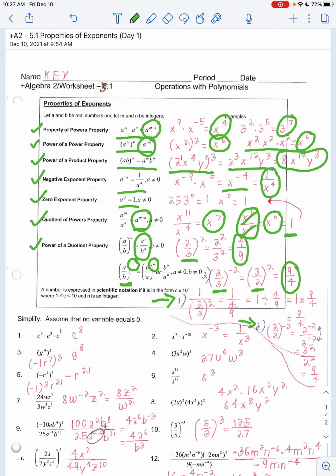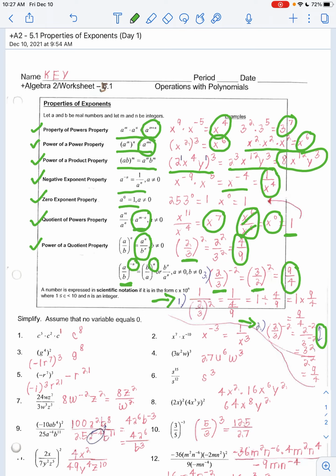2/3 raised to the negative second becomes, this is an alternative way, you can take the base 2 and raise it to the negative second, and the base 3 and raise it to the negative second, and then like my arrows are showing here, you can actually take the reciprocal, and that gives you 3 to the positive 2 and 2 to the positive 2, but they're relocated. 2 had a negative exponent in the numerator.